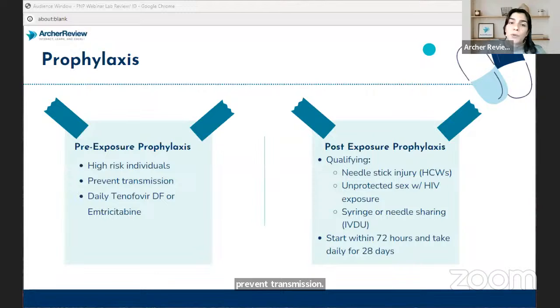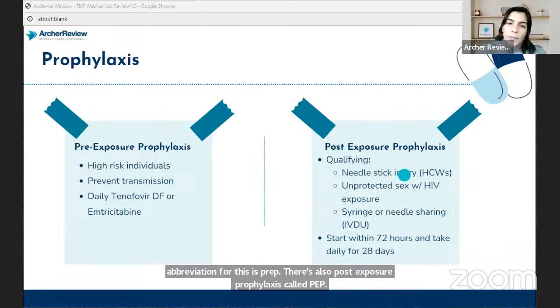In patients who know they have HIV or have multiple sex partners where they don't know their status, there are different options. So we have pre-exposure prophylaxis. This is good for individuals, high-risk individuals that may be having multiple sex partners and they don't know the status and they're doing some risky behavior. You probably want to talk to them a little bit about PrEP. The abbreviation for this is PrEP. There's also post-exposure prophylaxis called PEP. So PrEP and PEP, so pre-exposure and post-exposure.